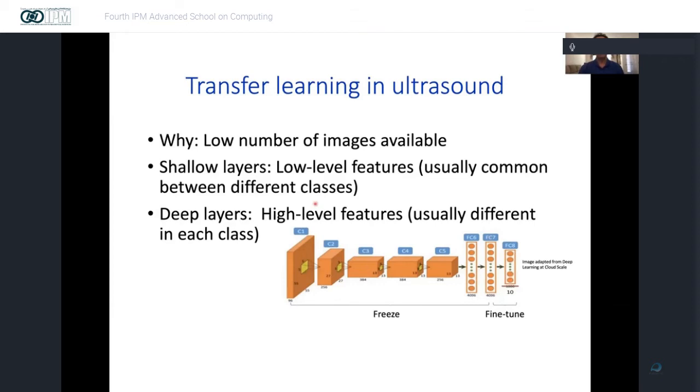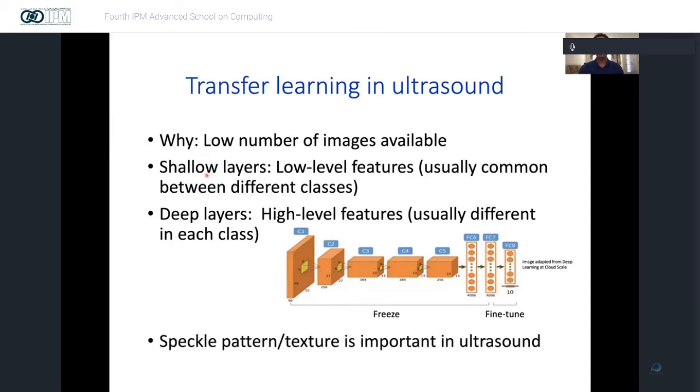Now, in ultrasound image segmentation, we often transfer from other domains. For example, we fine tune a network trained on chest X-ray or MRI or other types of medical images or even computer vision images, and now we want to use it for ultrasound image segmentation.